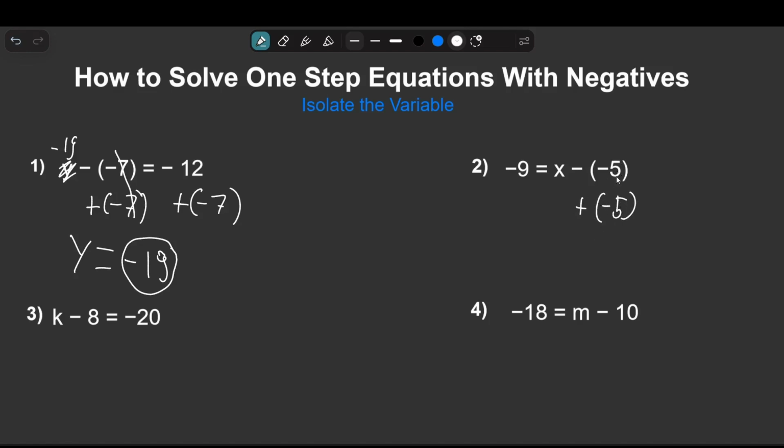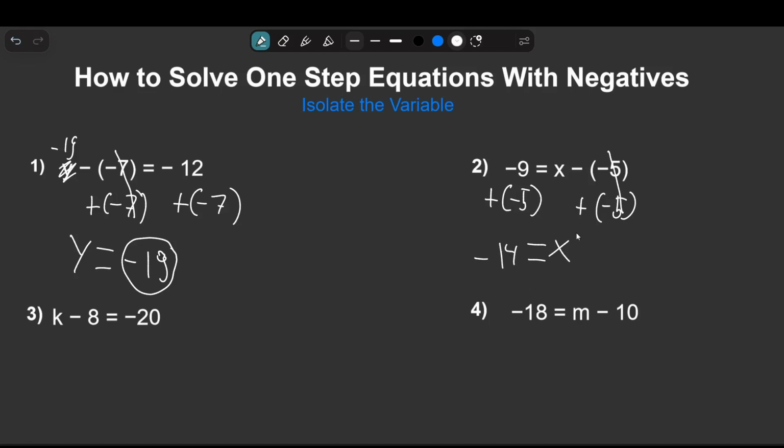Minus 5 plus minus 5 will equal 0. Now, this cancels each other out, so we are just left with the variable. So now we do x equals, and then we do the exact same thing on the other side. Plus minus 5. Minus 9 plus minus 5 will equal minus 14.